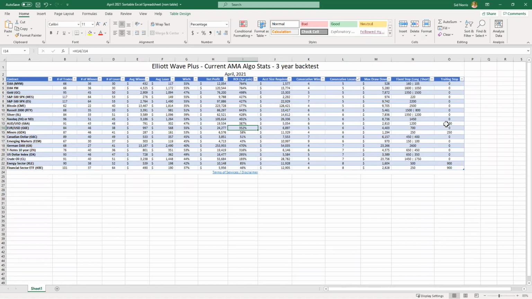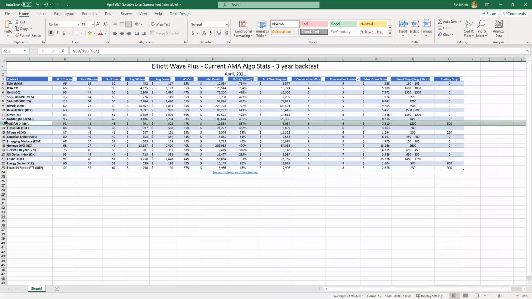But if you just can't stand sitting on a huge profit without trailing that stop, you want one that does pretty well, like the Australian dollar. It starts with a $1,200 initial fixed stop, and then at some point the indicators will tell you in the nightly report to switch to a $500 trailing stop.